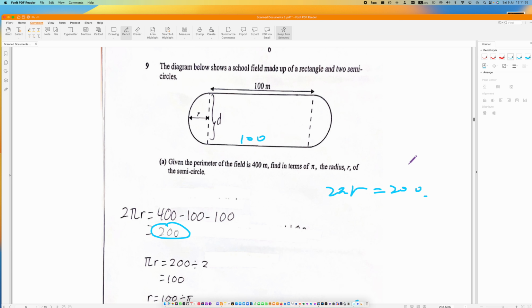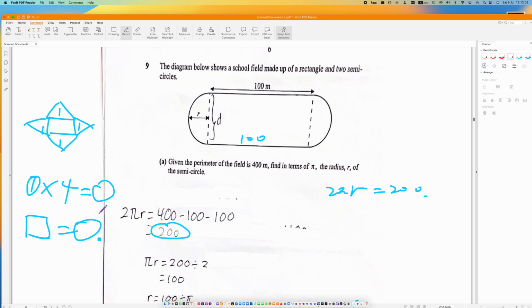So in a way, next time if I give you this kind of question and ask you to find the area of this, how do you find? First find the triangle, then triangle times 4, and then find the square plus the 4 triangles. This is the step.